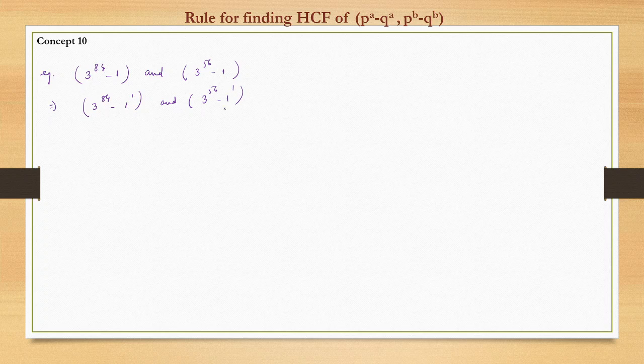Here 1 and 3 are co-prime, so that formula is valid. So HCF would be what? 3 raised to power HCF of 84, 56 minus 1 raised to power HCF of 1, which is 1.